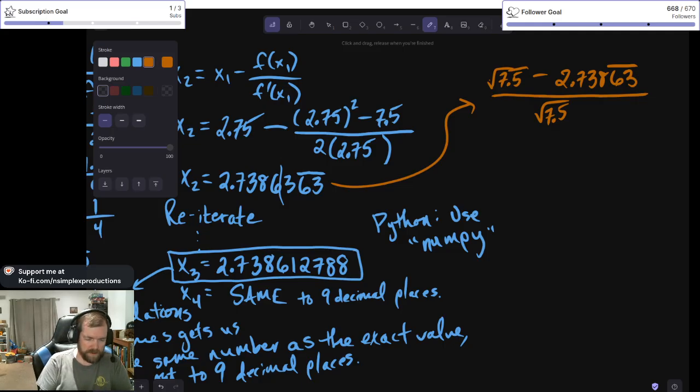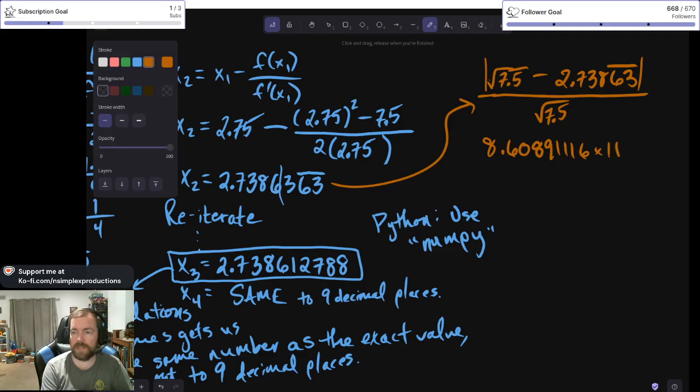Parentheses, root 7.5, minus that number over root 7.5 gets us, this should be absolute value, but no big deal, 8.60891116, not that any of that matters, times 10 to the negative 6th as a raw input.